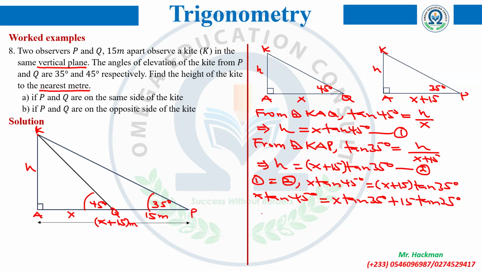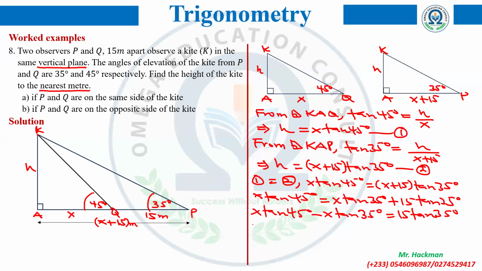On this note, we are going to move this one to the side. So x, my professors, I hope you've taken note of that advice. It's equal to what? 15 times tan 35.